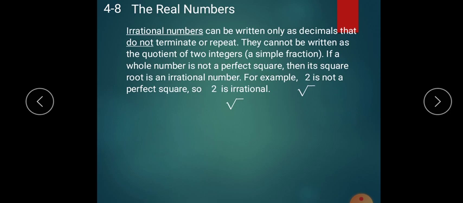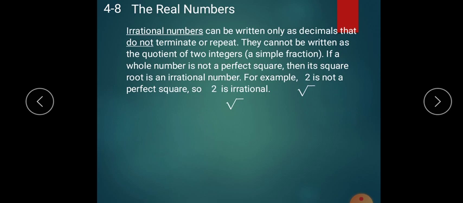So I am repeating once more, make this point very clear. Rational numbers can have terminating or repeating or recurring decimals. Moreover, irrational numbers have non-repeating and non-recurring decimals.